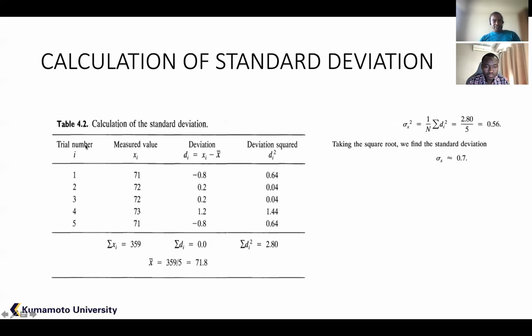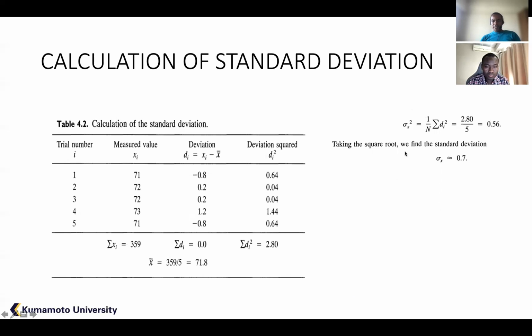If you look at the previous example, we are getting 0 because of these values which, when added, give 0. But to get rid of the negative values, if you square the deviation, you get rid of the negatives. What you have are just the positive values, and if you add them together, you won't get 0 as in the previous example.